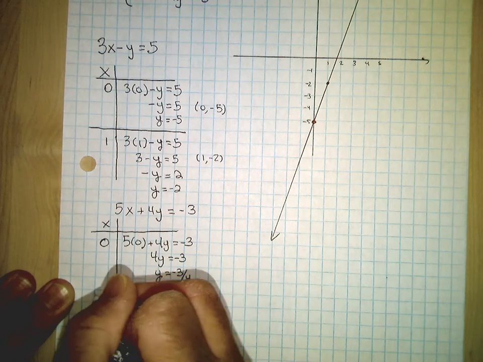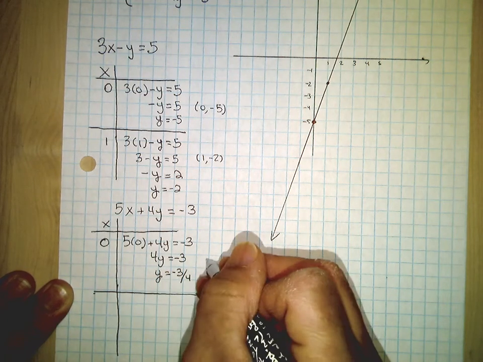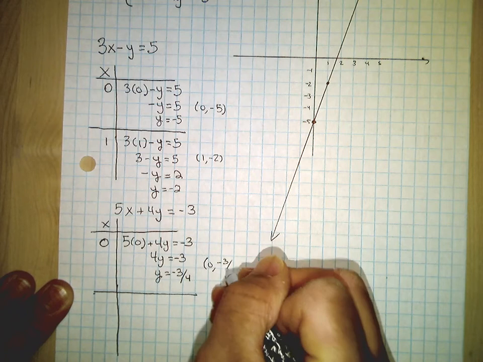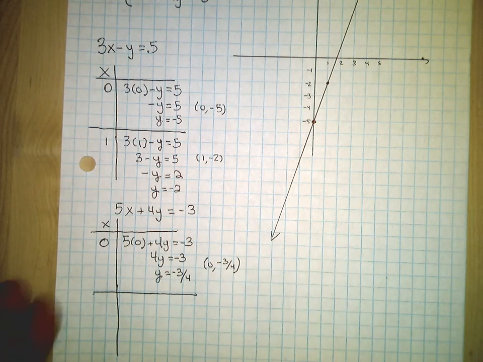I know that that is one of the points, (0, -3/4), but I don't necessarily want to have fractions. Then I could pick a different point until I don't get any fractions, right?